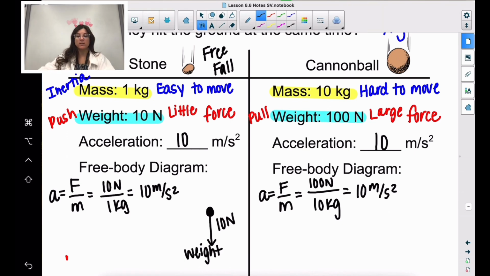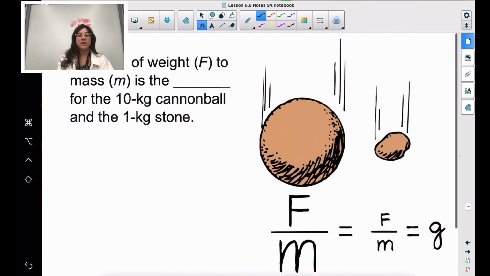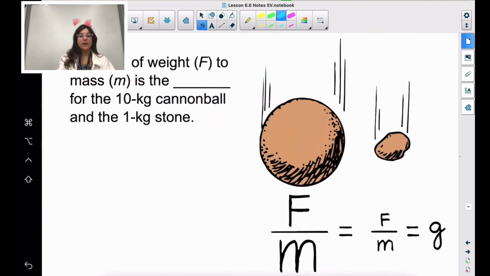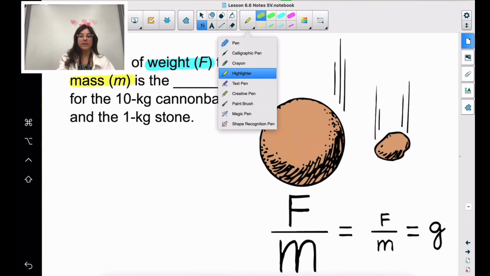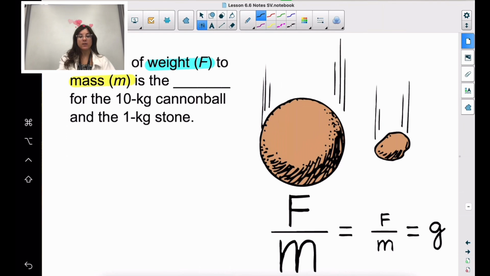So what does this mean? What this means is that for any falling object, when I divide the weight by the mass, I'm going to get the same exact ratio, or an equal ratio. I guess I should put same right there. That would make sense.